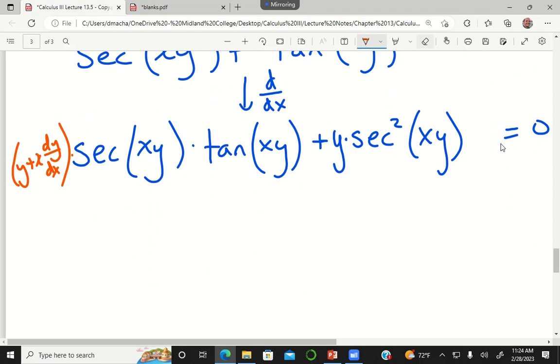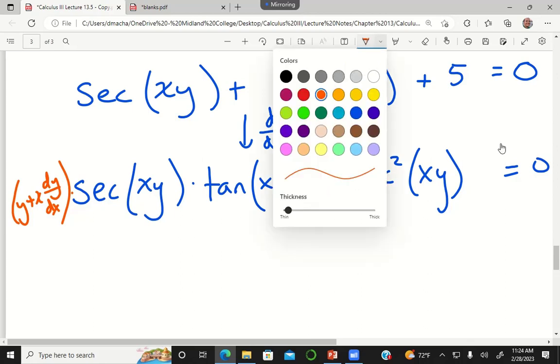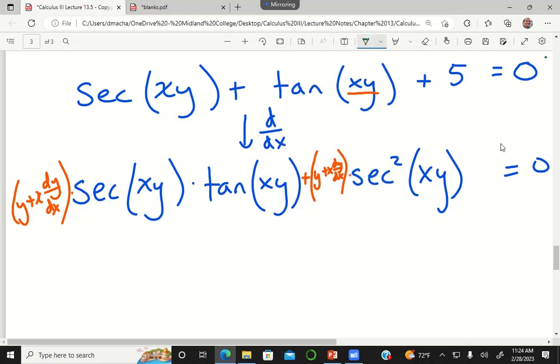And then over here, again, instead of having that y there, we're going to treat the xy on the inside argument of the tangent like it's a product of two functions of x. So the derivative product rule would say, again, this is y plus x dy dx. I wasn't thinking ahead, so I didn't leave room, but let me rewrite this.